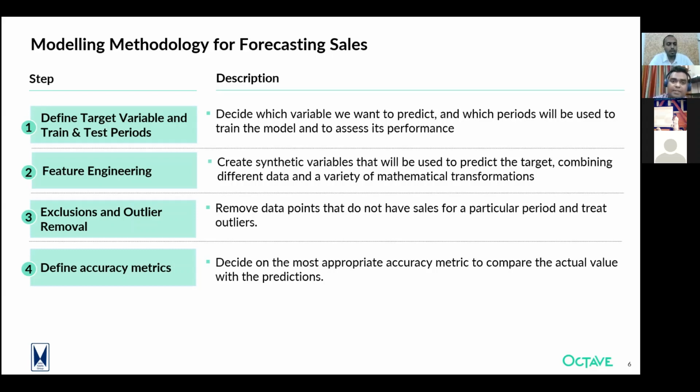Now, at Octave, when it comes to steps, there's actually no standard way of doing it, right? First of all, one of the most important things that you need to know is you need to understand the business context, right? When it comes to solving a problem, you need to have an idea as to why you need to solve it.